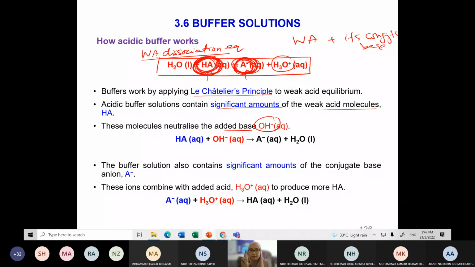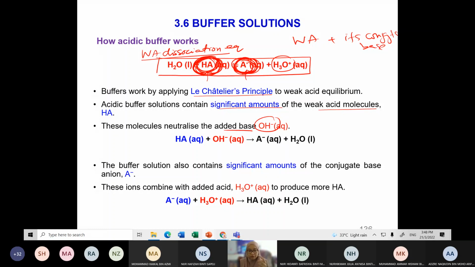The reason the pH goes up is because there is OH minus in the solution. So since tadi weak acid from the buffer system dah neutralize the OH minus, there's no OH minus anymore in the solution, and therefore the pH can be maintained. Yes, it is true that the pH will increase slightly.